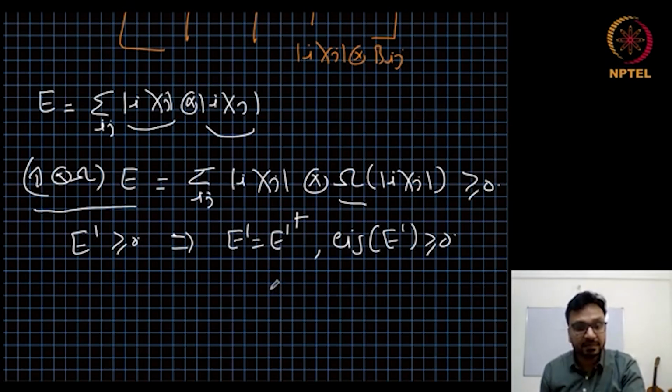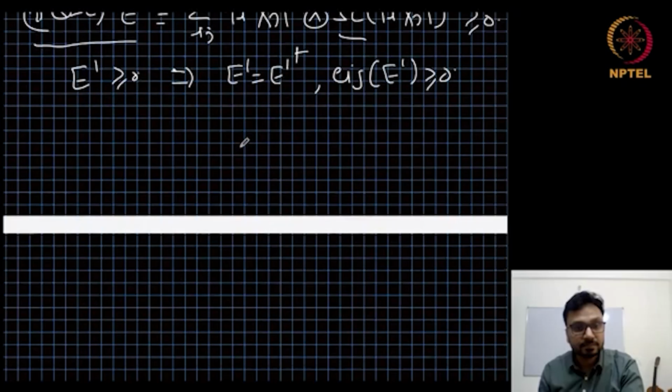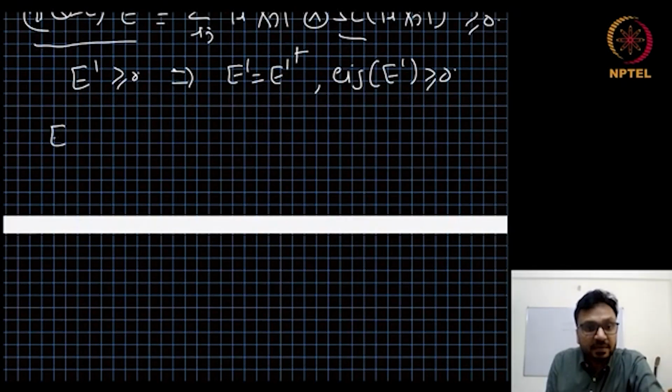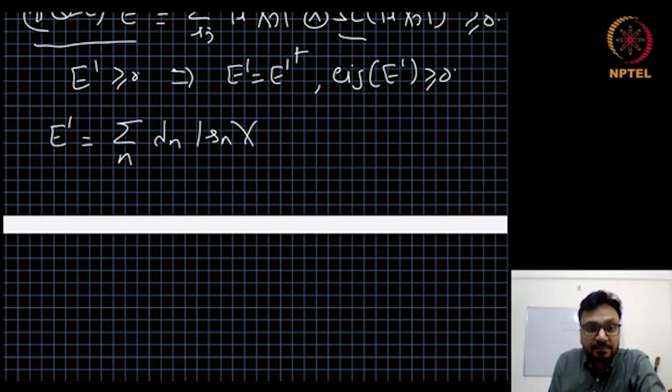It means that E prime possesses a spectral decomposition, the sum over n of lambda n |Sn⟩⟨Sn|, where Sn are the eigenvectors and lambda n's are the eigenvalues.